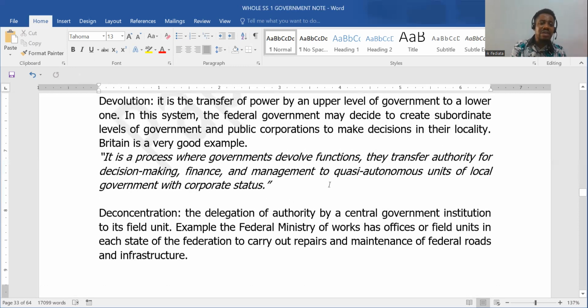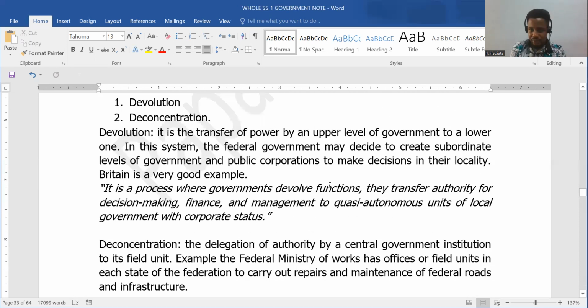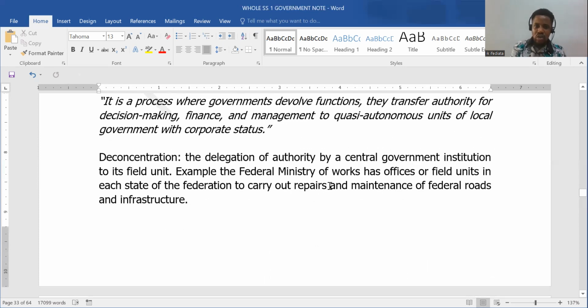So in devolution, they are given the rights, the authority to make decisions. But here, this is the same institution, just extending to its field units, its branches, the capacity to carry out some activities on behalf of the central.